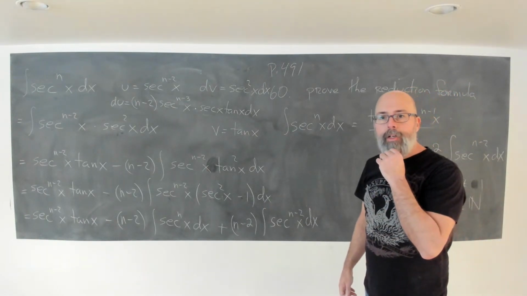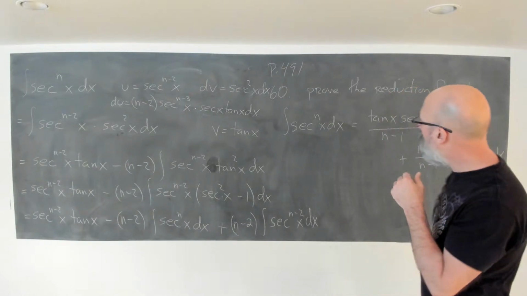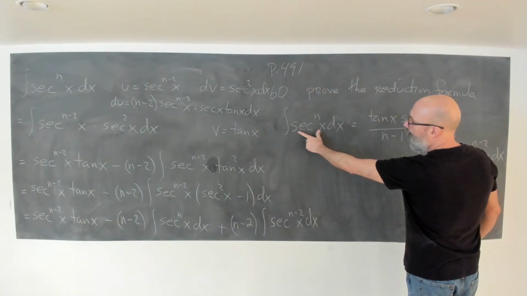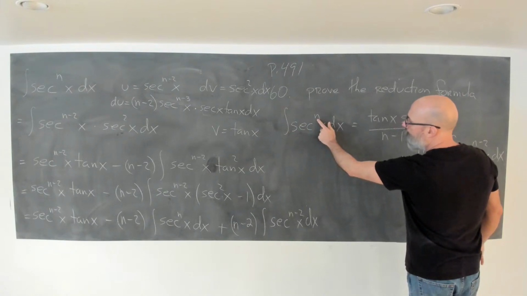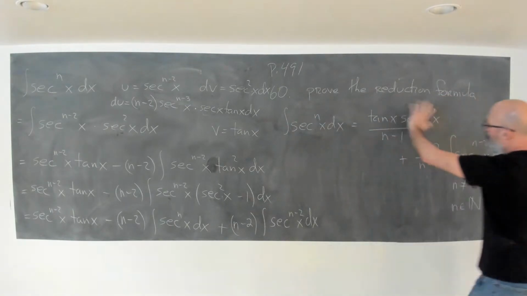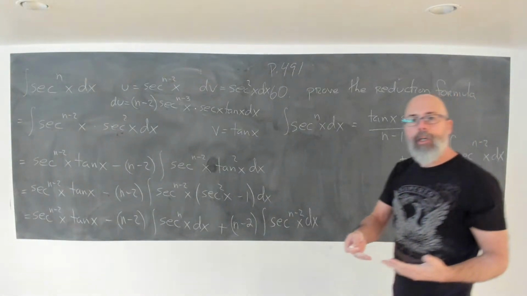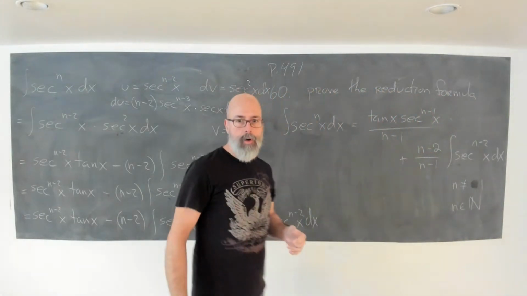JD is asking what exactly is a reduction formula. We're looking for the integral of secant to the power n, and we get the integral of secant to the power n minus 2. You are reducing the power of secant.